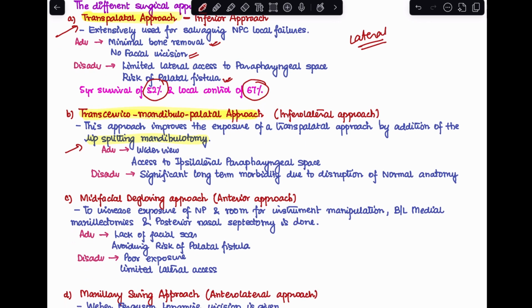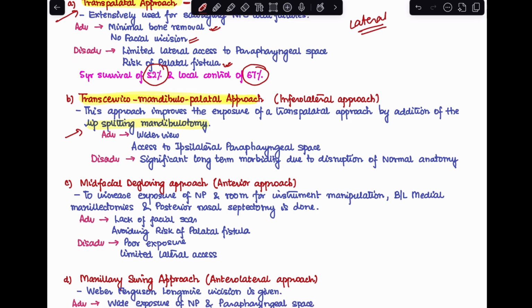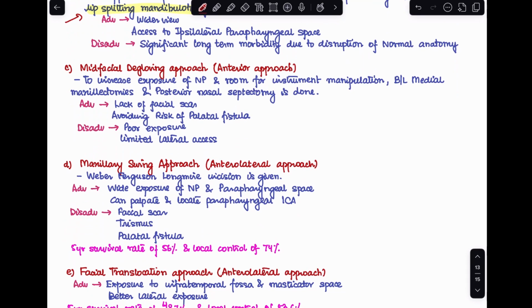Next approach is our anterior approach, where we are going through the anterior aspect. This is known as the mid-facial degloving approach. Here, the mid-facial degloving approach is very famous because we do not actually give a facial incision. So we do not have a facial scar. Here we are lifting up the soft tissue from the mid face.